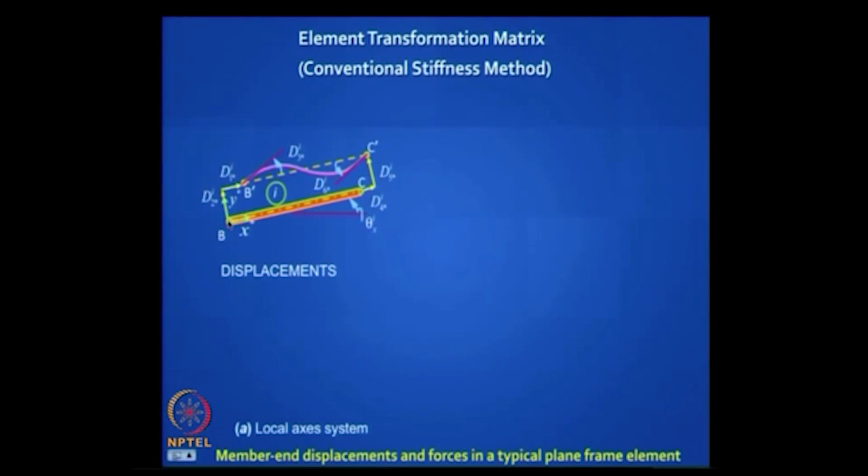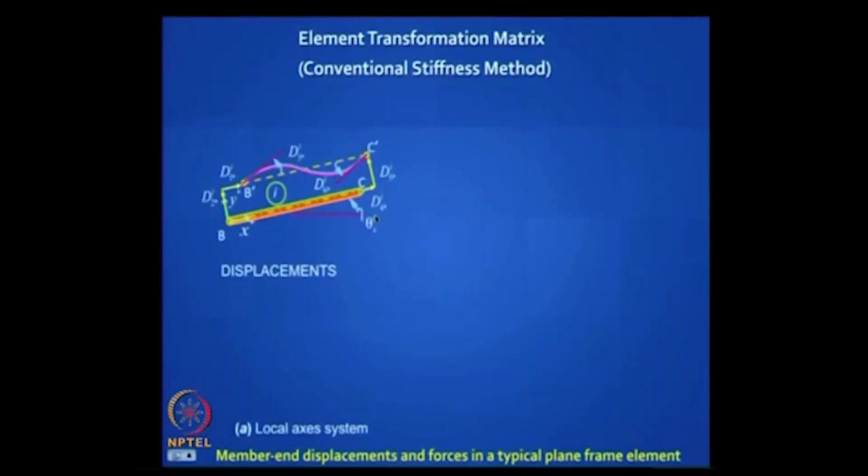If this joint has moved here, the displacement along the local x axis is d1 star, right, with the i standing for the ith element, and this movement normal to it is d2 star. Is it clear? And this change in angle anti-clockwise is d3 star. Does this make sense? You are clear about the physical meanings of, and similarly I can define d4 star, d5 star, d6 star. Is this clear to all of us?